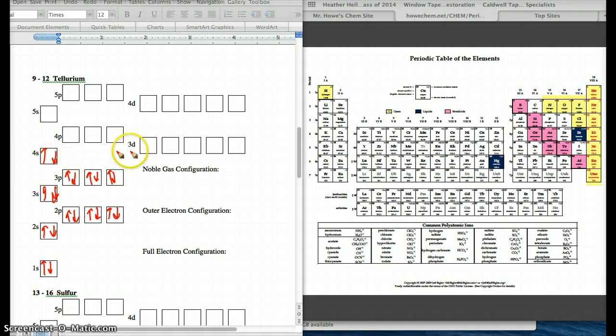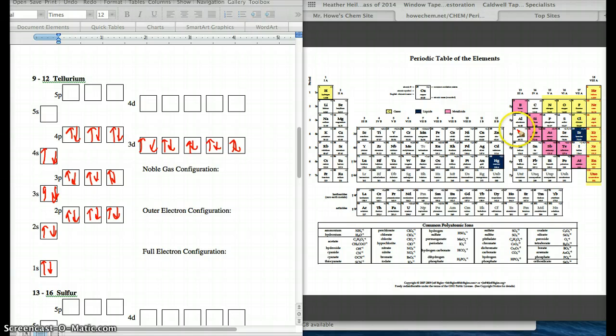Notice I went to 4s, then to 3d, and I'm going with electrons one at a time in each orbital. After each orbital has one in it, then we pair them. And 4p. At that point I have 36. That would be the same as krypton.